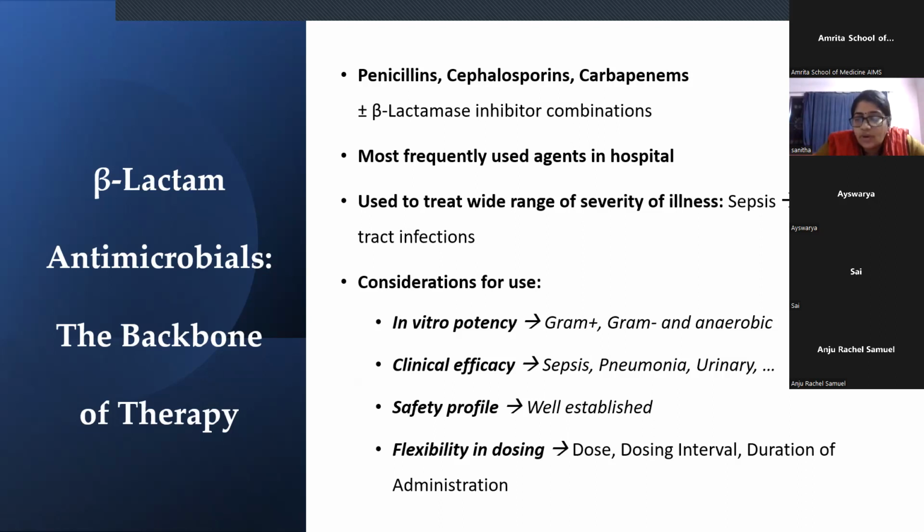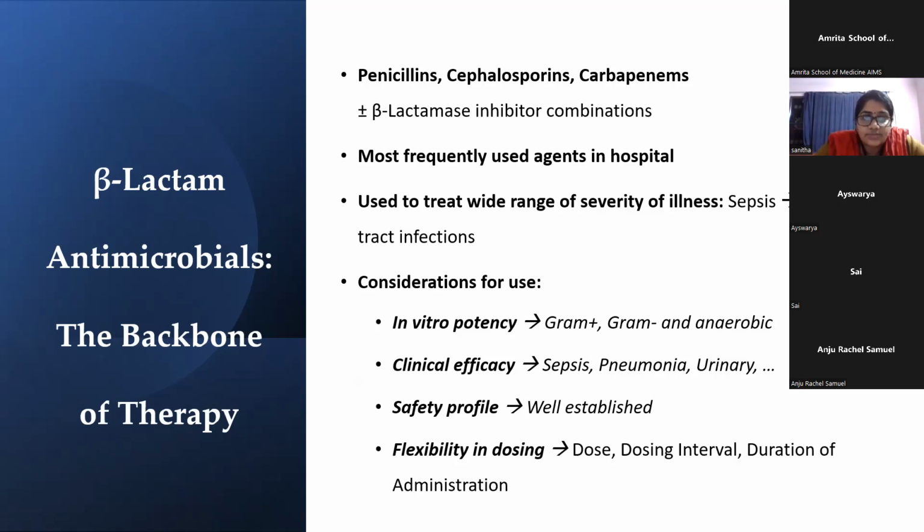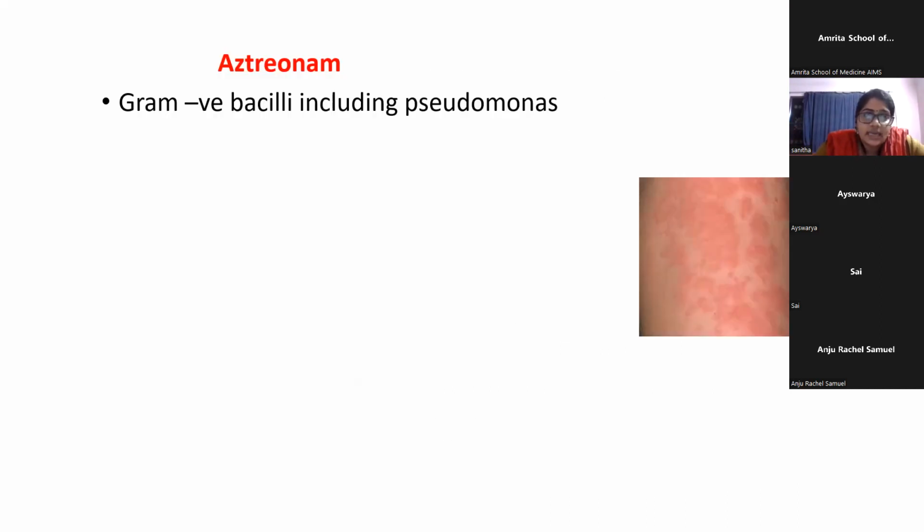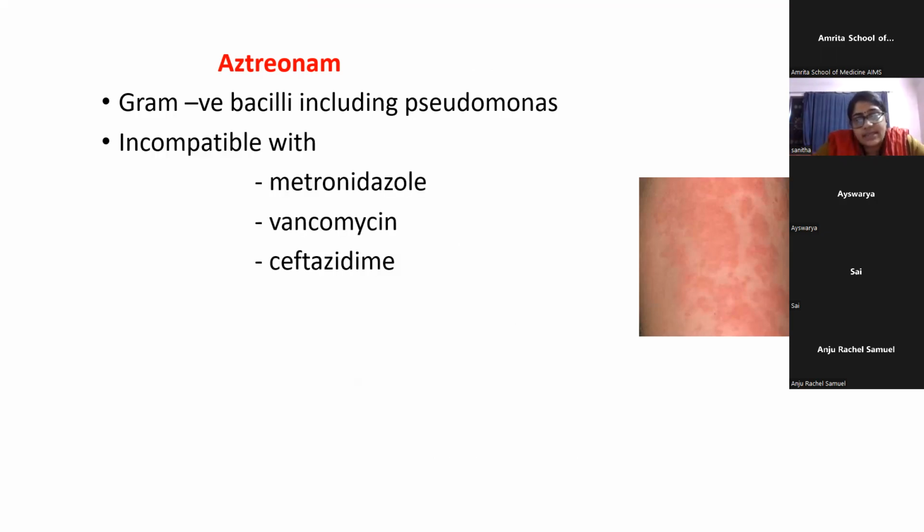But the current problem is that although they are the backbone, we now have various strains which are resistant to beta-lactam antimicrobials. In that class, aztreonam has special value because it's effective for gram-negative bacilli, including Pseudomonas.